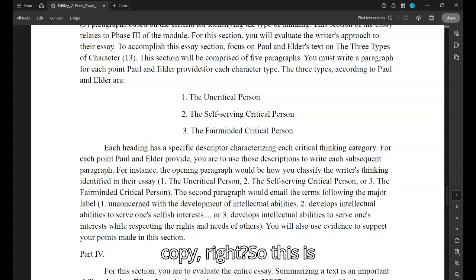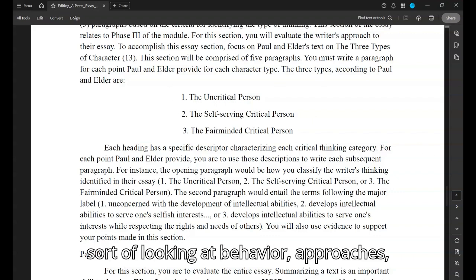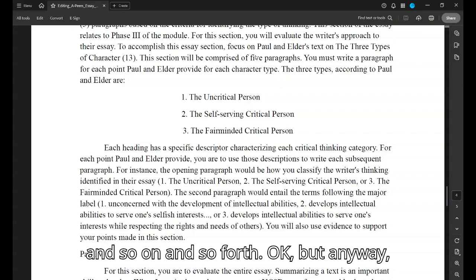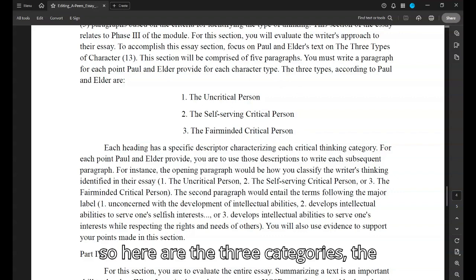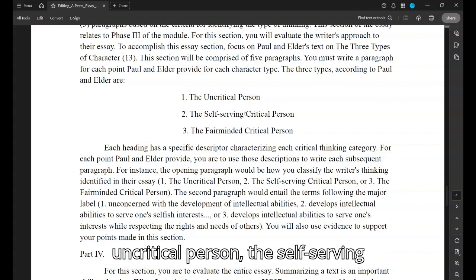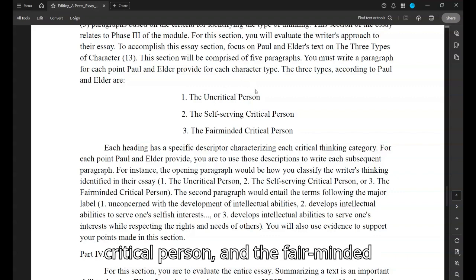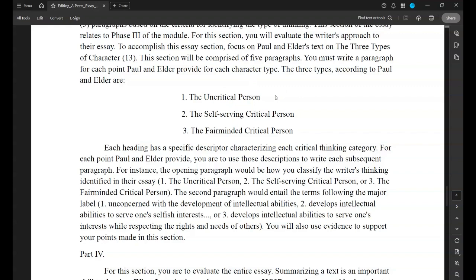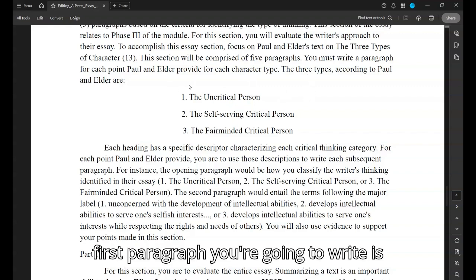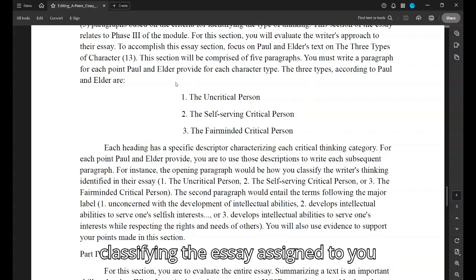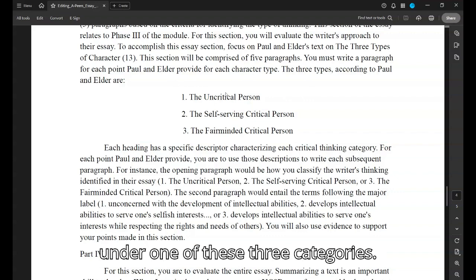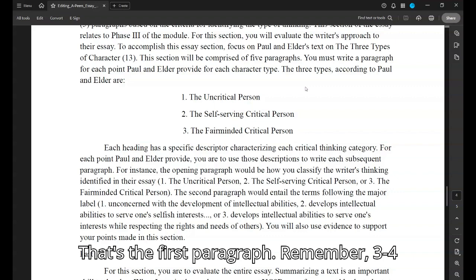This is sort of looking at behavior, approaches, and so on. Here are the 3 categories: the uncritical person, the self-serving critical person, and the fair-minded critical person. So the first paragraph you're going to write is classifying the essay I assigned to you under one of these 3 categories. That's the first paragraph.